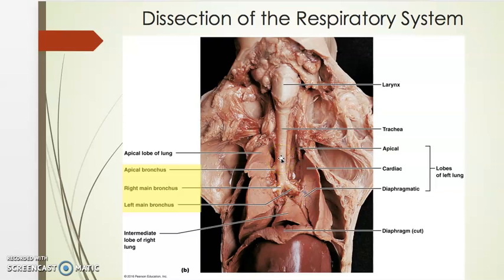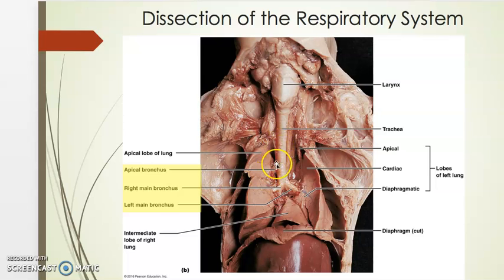Now, think about it. You are seeing a dissection here that has removed the heart. The heart would normally be in this left cavity. And so that heart is very important, and it means that there is only one bronchus on that left side, whereas on the right side, there are 2 bronchi, right?